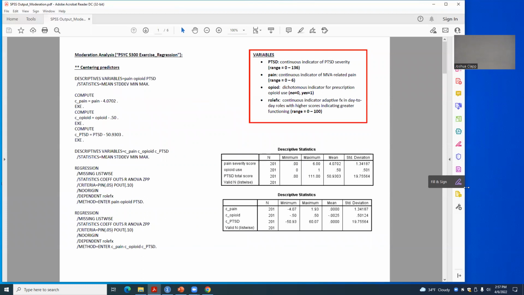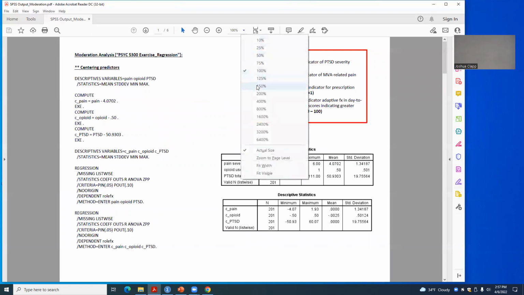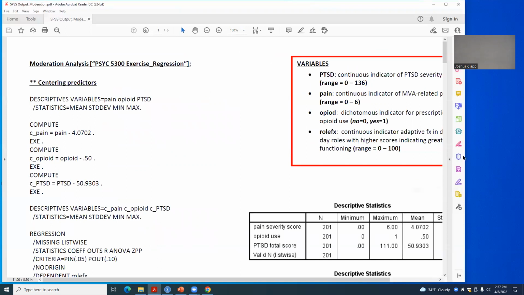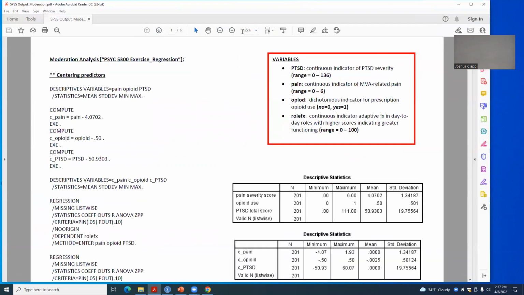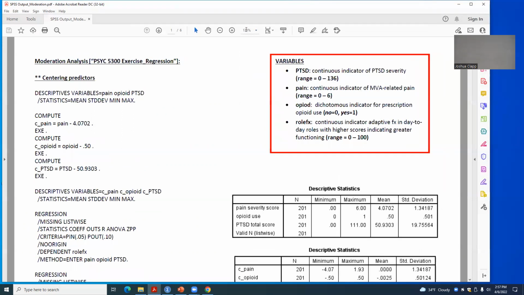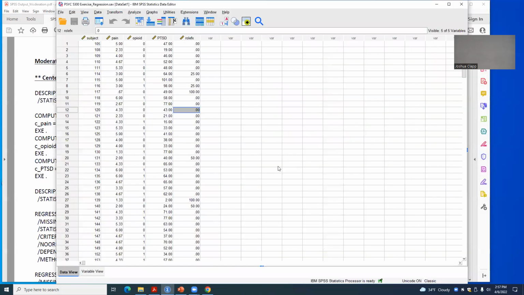This one right here. All right. So what we're going to do is go through this, and this is data we've already screened.